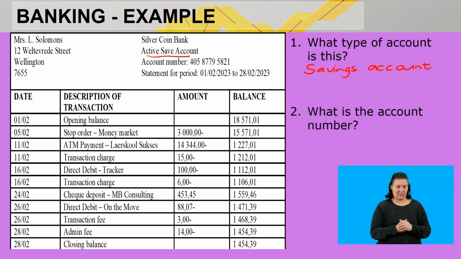Question number 2. What is the account number? Here we can see clearly account number. Now I'll write it down. That will be 405 8779 5821. That is the account number.